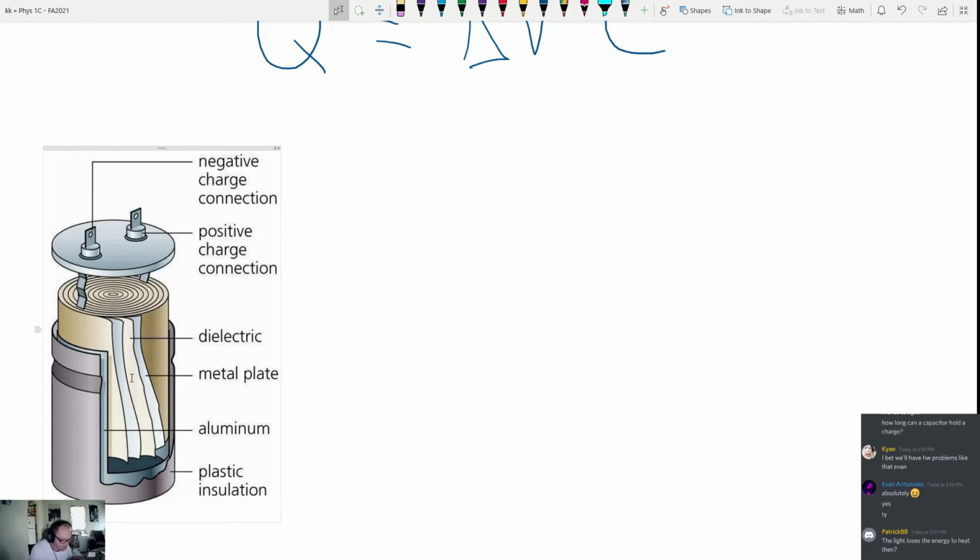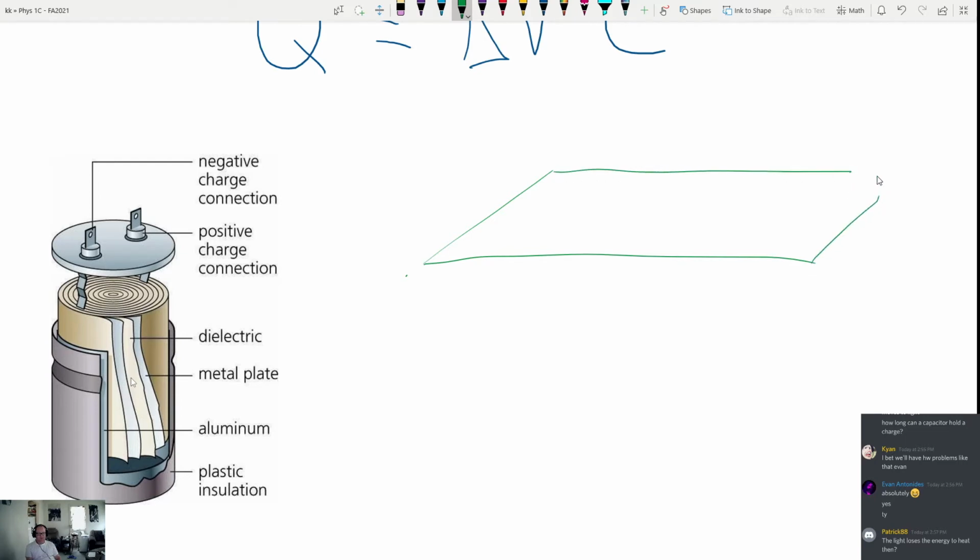I guess I could draw a picture. Say that you take a piece of metal that's long and flat, like aluminum foil, for example. We'll say this is aluminum. And then you take a dielectric and you put it here. Dielectric is like a medium. It's like air or paper or whatever. This could be paper.